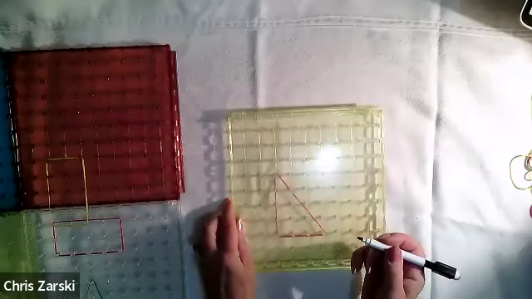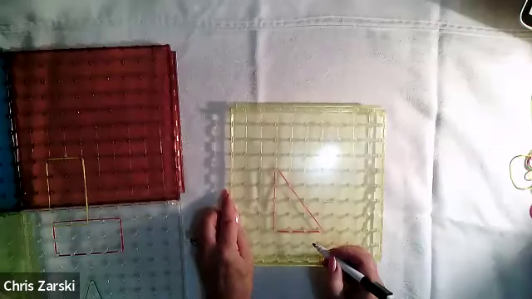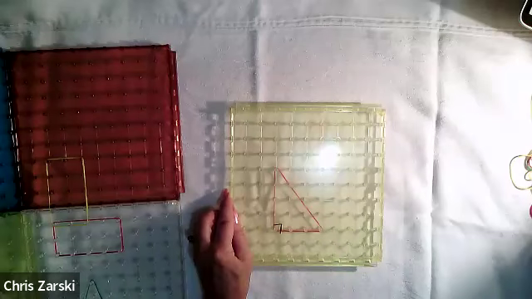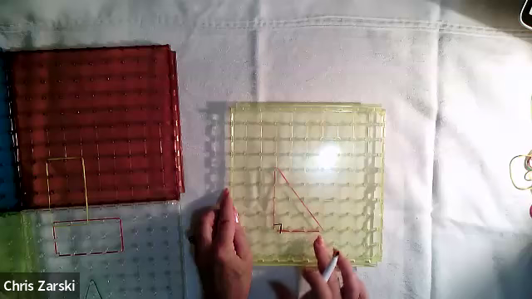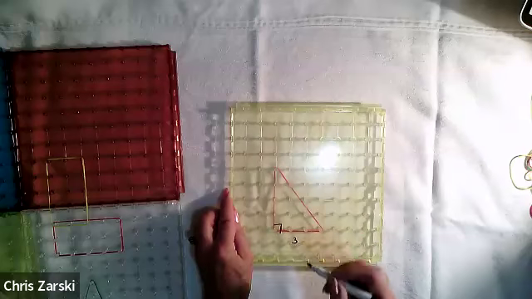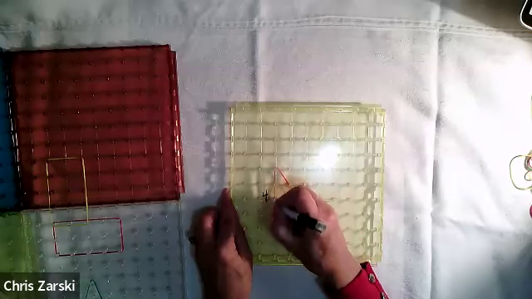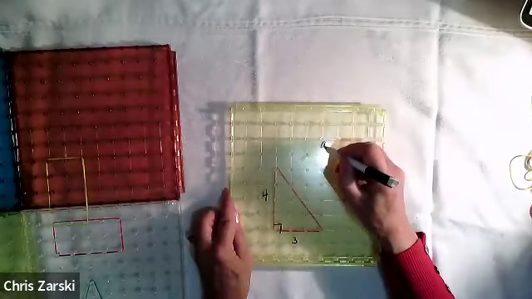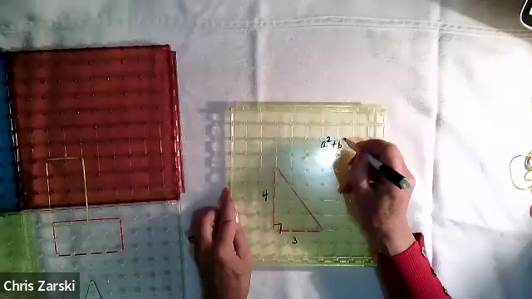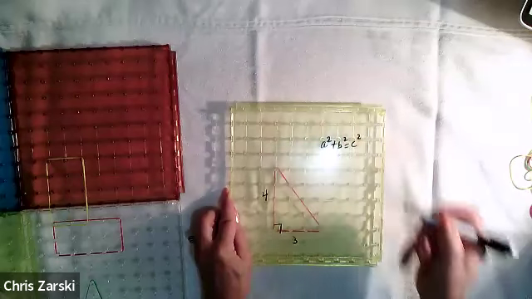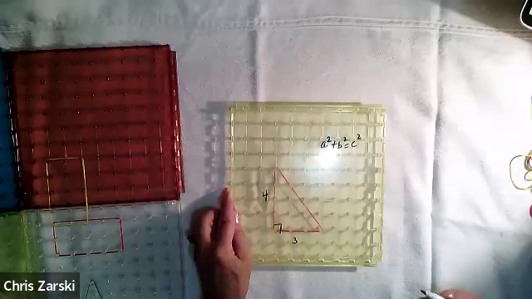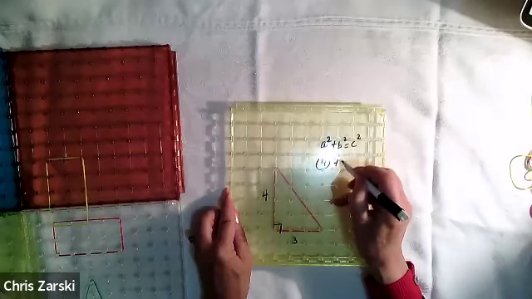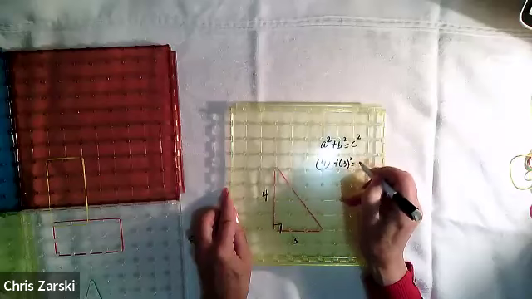So if you give them a dry erase marker, then I could label my triangle. So I know that this is my right angle, right? So I can use my symbol for a right angle. I know it's 1, 2, 3 long here. And I know it's 1, 2, 3, 4 long here. So I can label my triangle, and then if I've already learned how to use my Pythagorean theorem, then I'm going to go ahead and evaluate those sides.